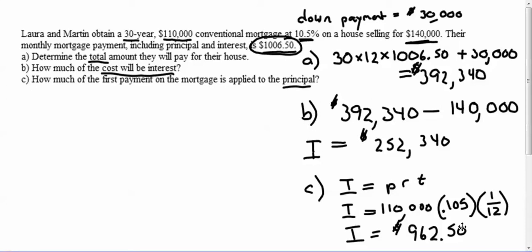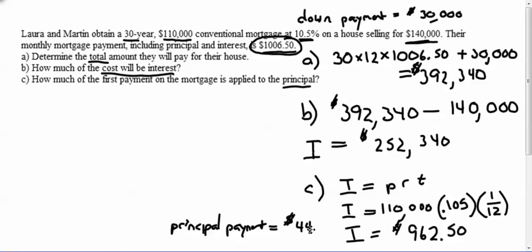Wow. Now, if we take the mortgage payment of $1,006.50 and subtract off the 962.5, we get a measly $44. So we'll call that the principal payment. How much will go towards reducing the principal? Is $44.